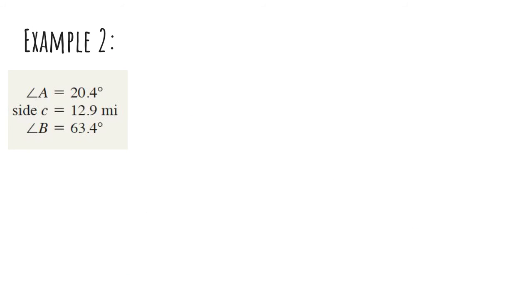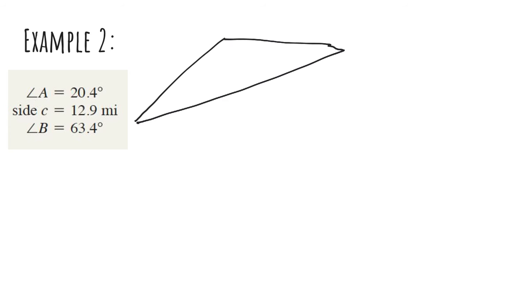For example 2, no diagram was provided, so we need to start by drawing in a diagram. Then we can label that. Again, I'm just going to label it as ABC. Now I can use my information to mark it on my diagram. Angle A was 20.4 degrees. Side C is 12.9 miles.